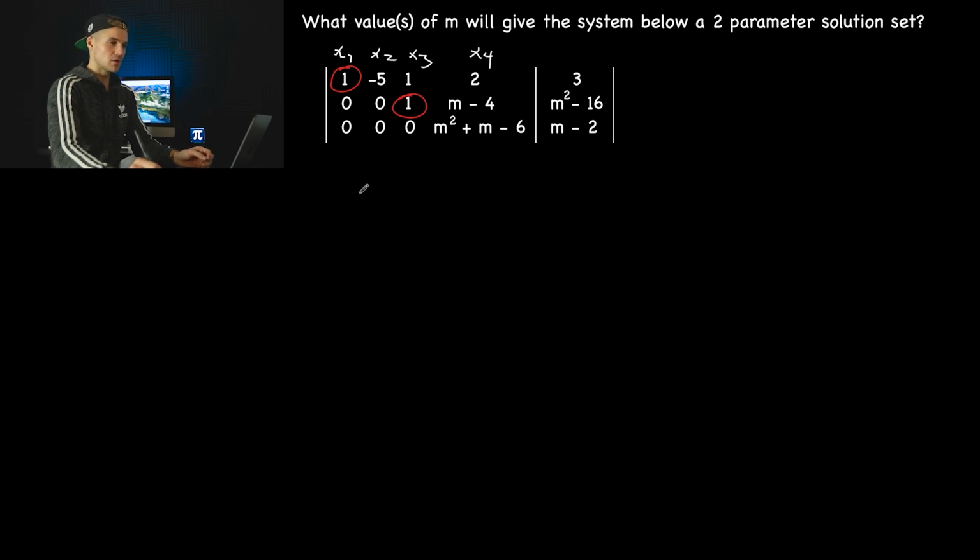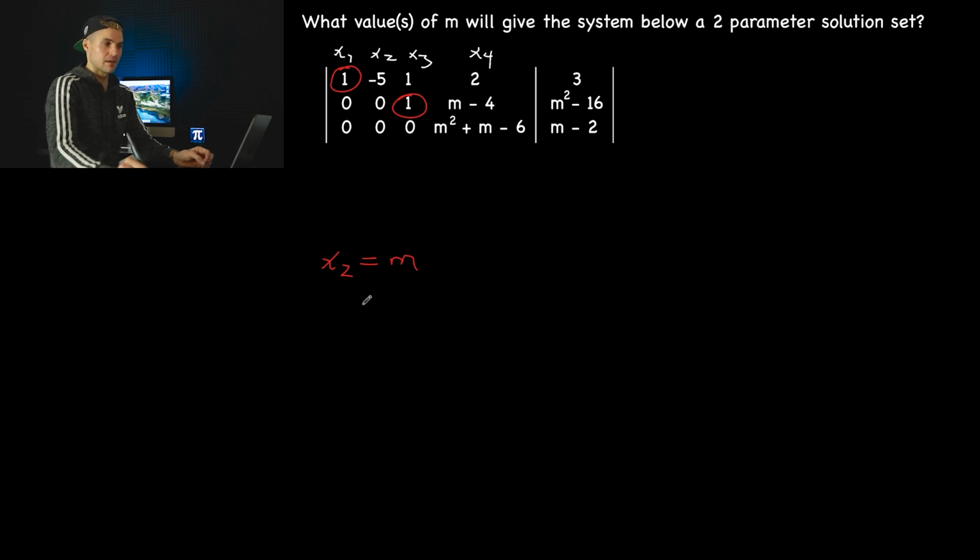So what's remaining is x2 and x4. Notice that x2 has no pivot point where we're going to be able to isolate for it. So we know that x2 already is going to be a free variable.